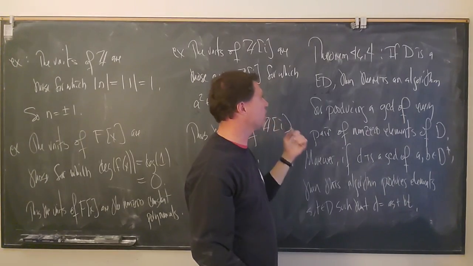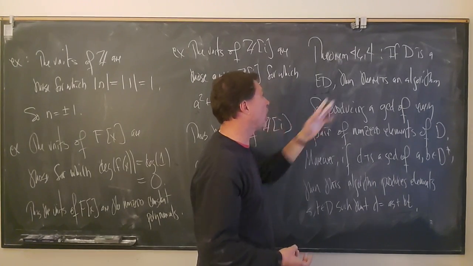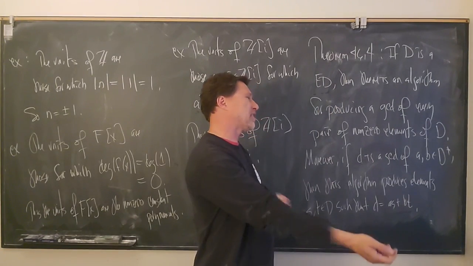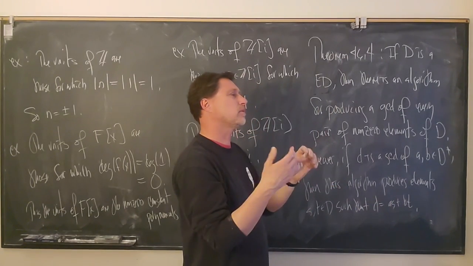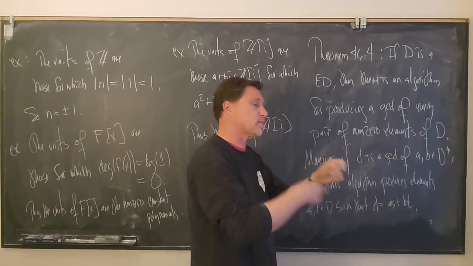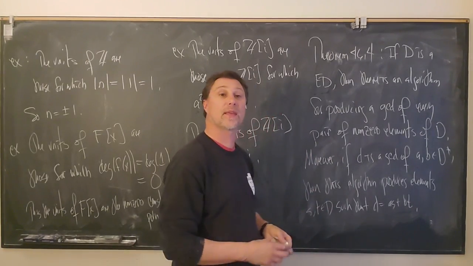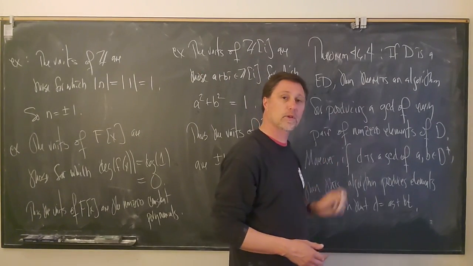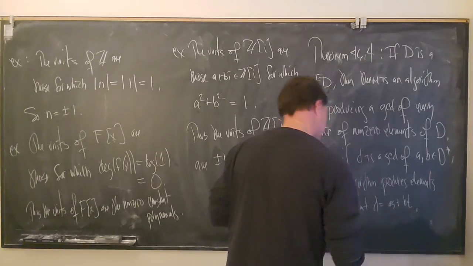You run the division algorithm, do some subtraction, run the division algorithm again, and iterate until eventually you get a GCD. That algorithm is called the Euclidean algorithm.